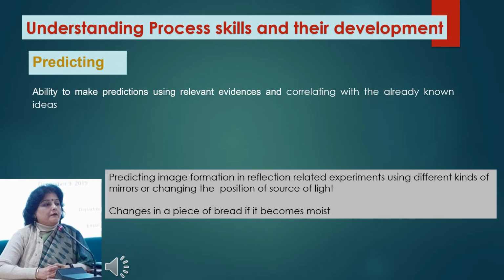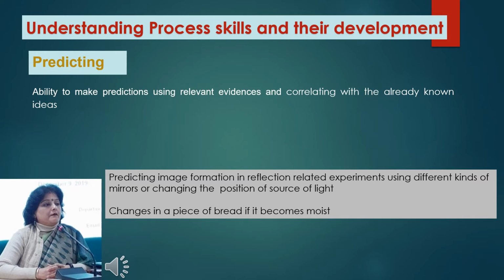Another very important process skill is predicting. It is the ability to make predictions using relevant evidence and correlating it with already known ideas. It is important because prediction is different from a guess, because prediction is based on some theoretical understanding, some conceptual understanding.